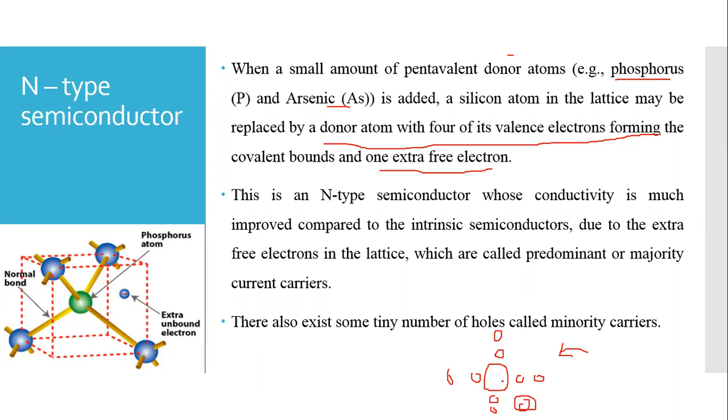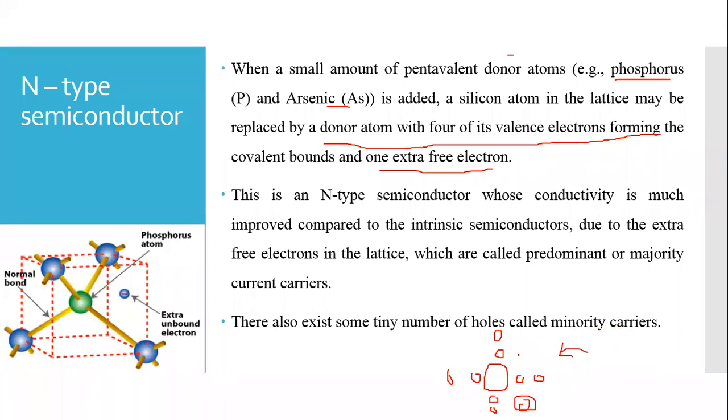But what about the last one? Because the boron atom that you have added has only 3 electrons, it will create one hole over here. Now, if any free electron is there, it can accept that. Suppose here one free electron has some energy and is moving in this direction.